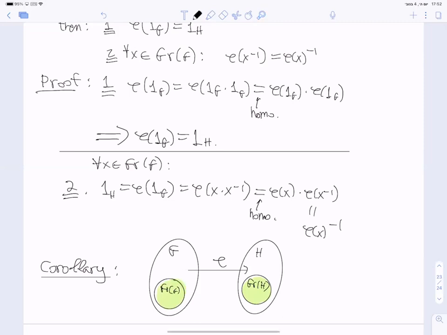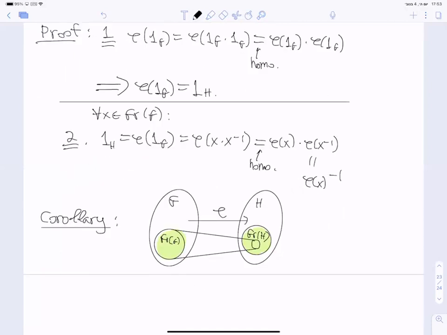I mean, not necessarily covering, but inside. Because any element which is invertible will remain invertible in the target. You see, this is an invertible element. So if we started with an invertible element in the source, its image will be invertible in the target.